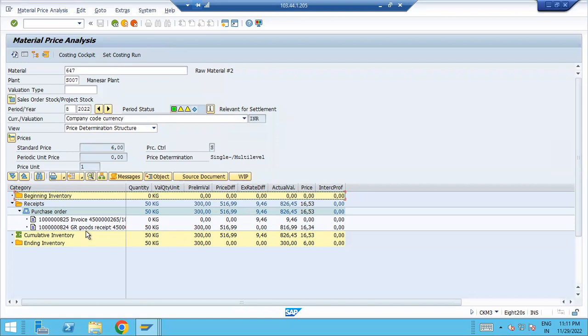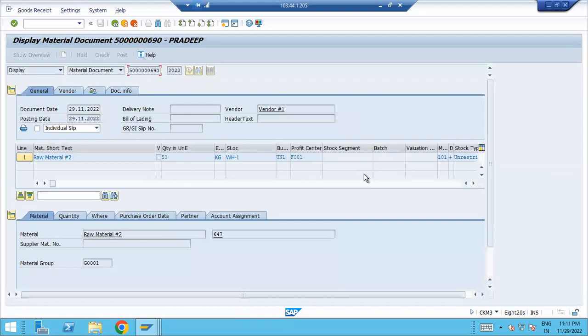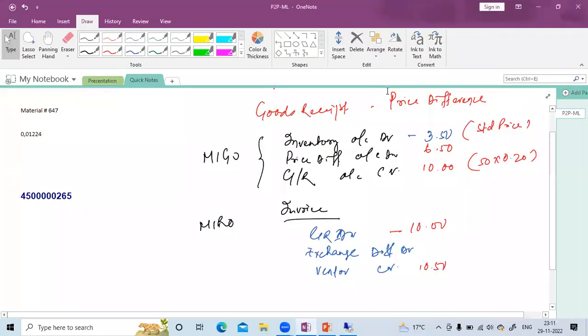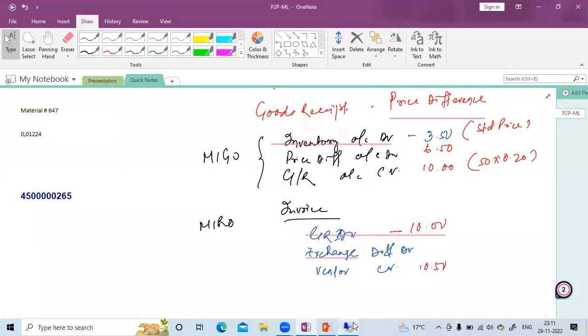You can verify your source document. This is the source document, which is our goods receipt. With reference to GR, we got this accounting document and material ledger updated, where we captured the difference of 300.